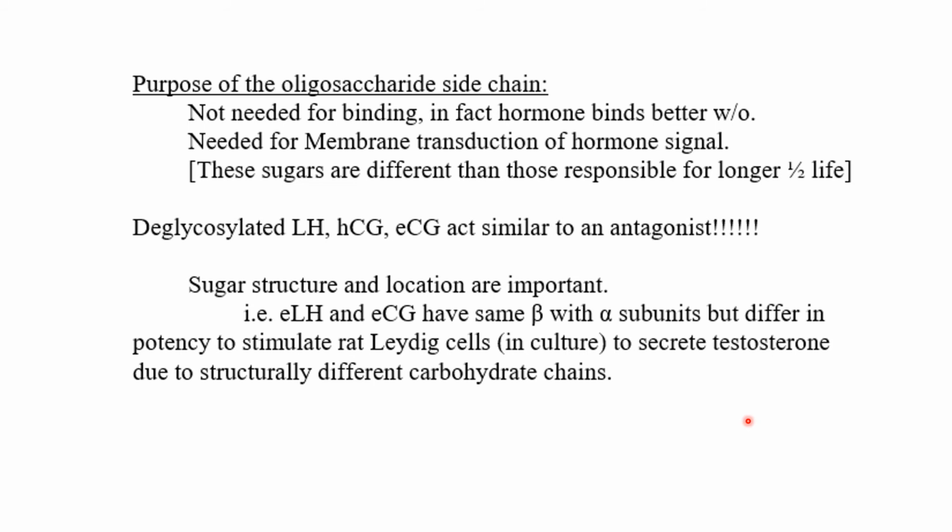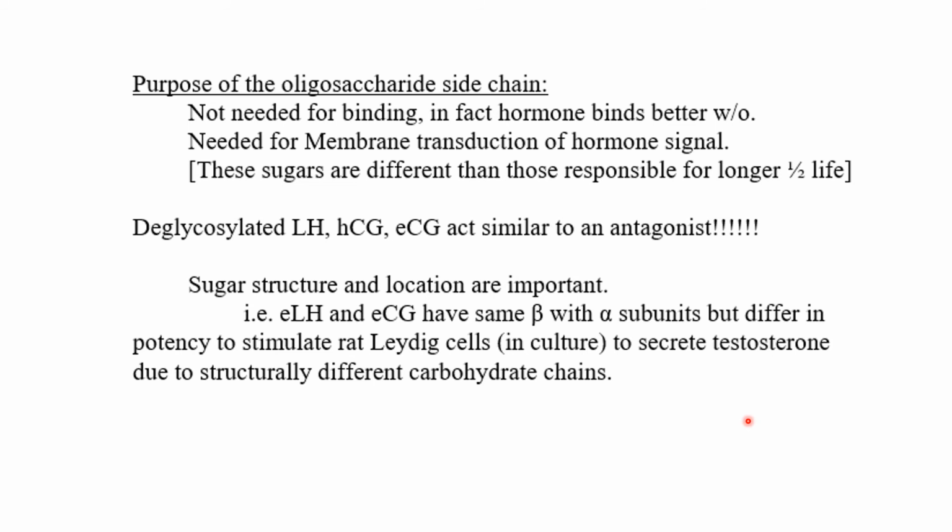But the sugars are needed for membrane transduction of the hormone signal. So what that means is that sugars may turn on G protein or help with adenylate cyclase activation in a cyclic AMP mediated second messenger system. And most importantly, the sugars that are needed for membrane transduction of the signal are different from those that are responsible for the longer half-life.